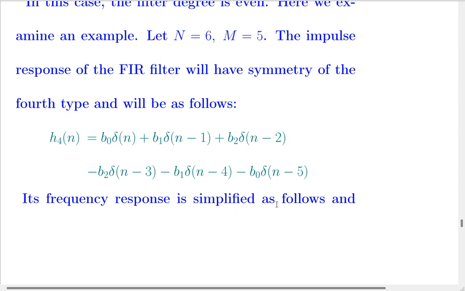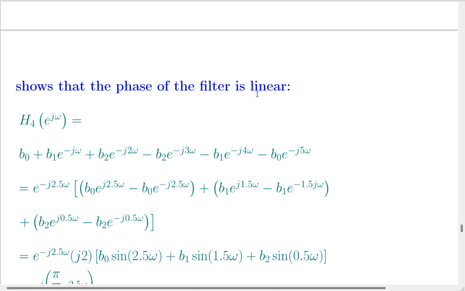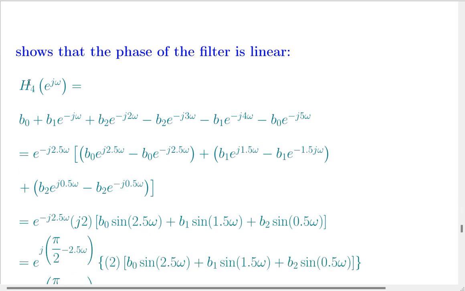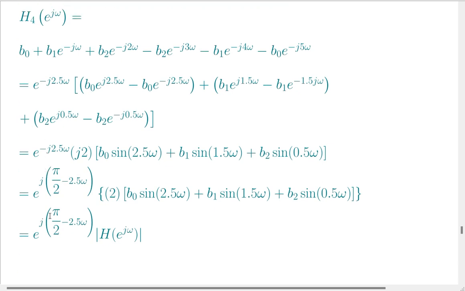Its frequency response is simplified as follows and shows that the phase of the filter is linear. H4 will be, in the last line, e to the power of j times (pi over 2 minus 2.5 omega) times an amplitude, shown inside the curly bracket.